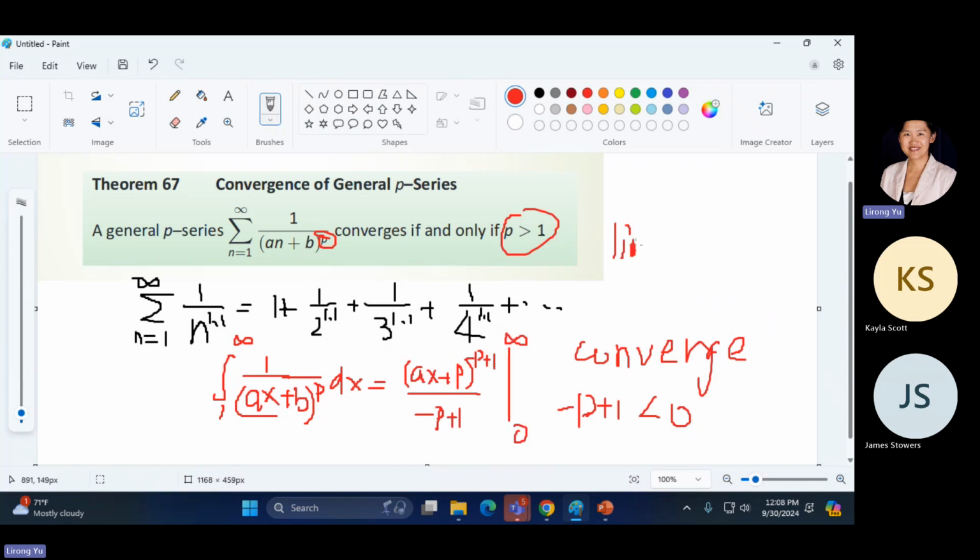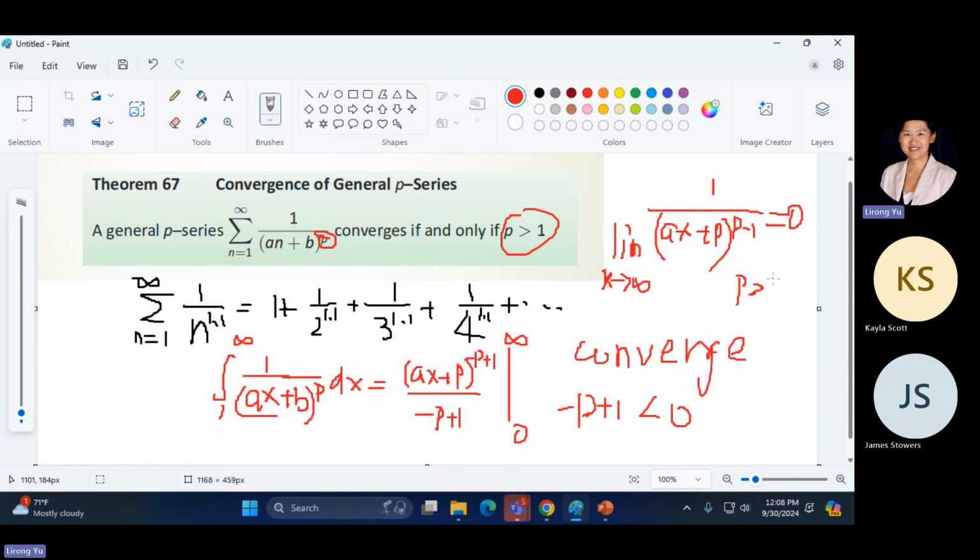The limit of this term, (ax plus b), if the exponent is negative, will be a reciprocal. If you turn this to the denominator, the exponent becomes positive, and when x goes to infinity, this will equal 0.